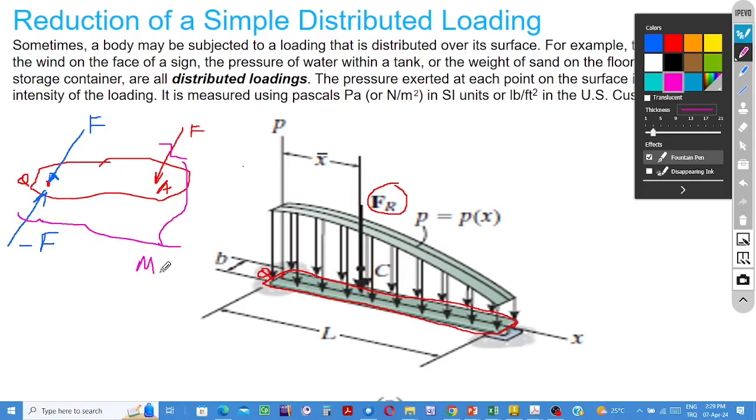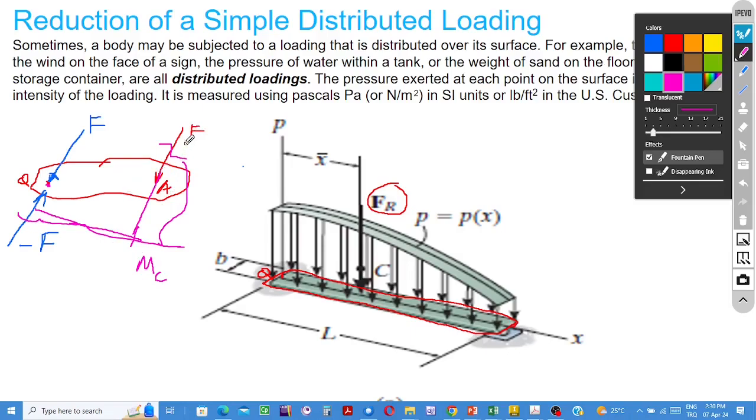Yes, a couple is a free vector, but since we consider the force applied not at point A but at point O, the magnitude of the couple must be calculated for this force relative to point O. Relative to point O, find the couple, because the distance between the forces of the couple extends from point O to the line of action of this force.